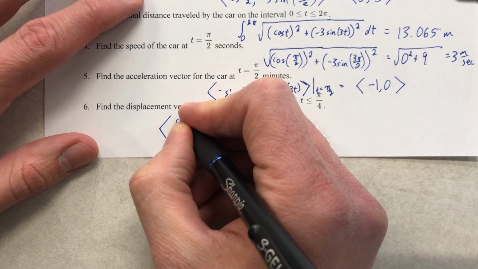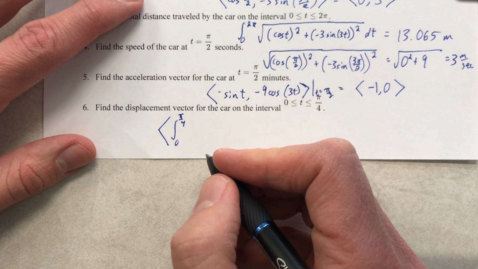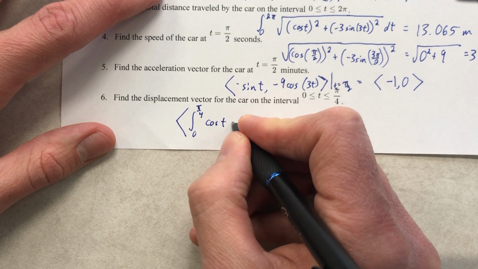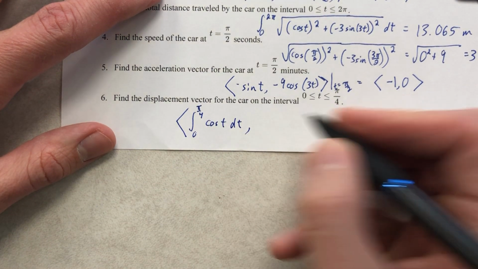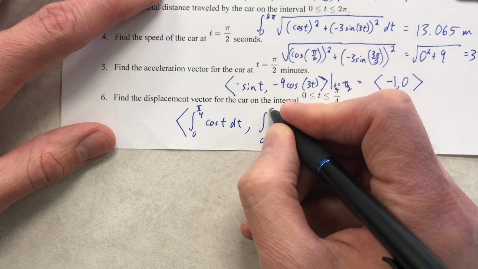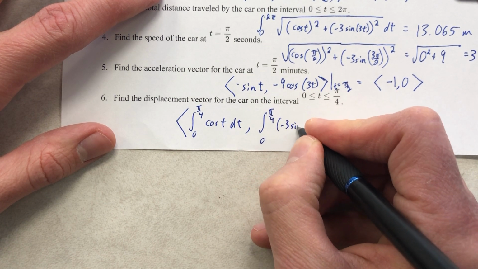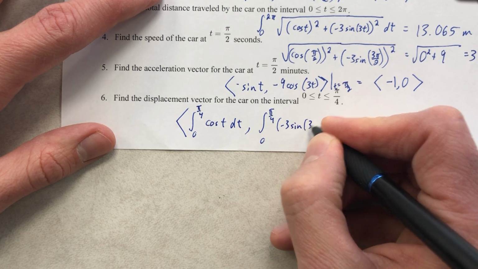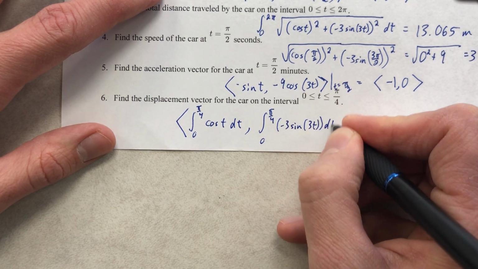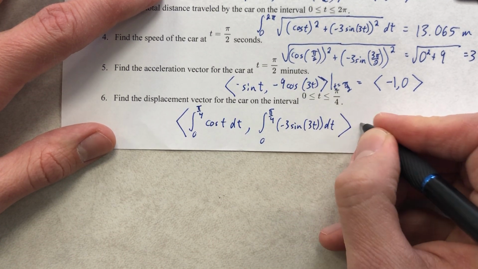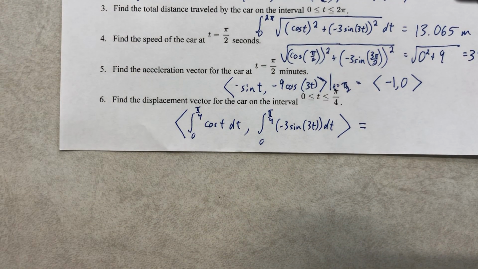From 0 to pi over 4 of the velocity, which we found to be cosine of t, so cosine of t dt, comma, same thing, 0, pi over 4, and then -3 sine of 3t dt. And this is equal to something. We'll type it in the calculator very quickly and figure it out.